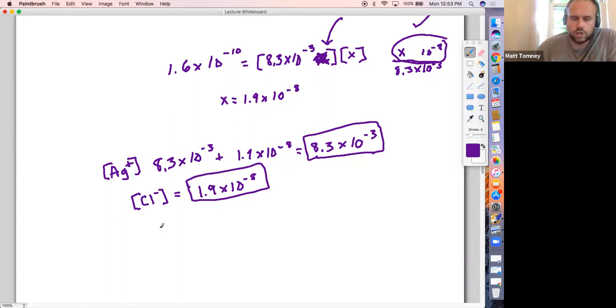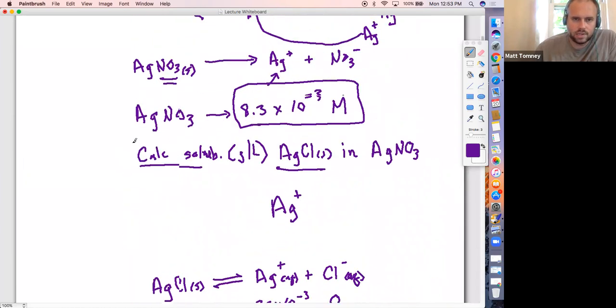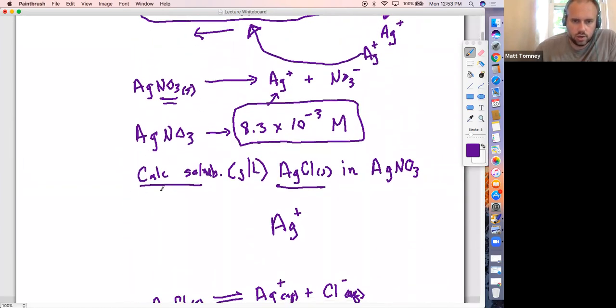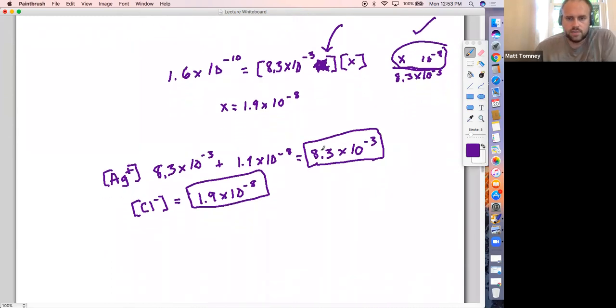So the question was, going all the way back up, calculate the solubility in grams per liter of silver chloride in the AgNO3. So the question becomes, which of these values do I use here? Well, I need it to be representative of just the silver chloride. So the answer is I use the chloride value when I get ready to solve this.